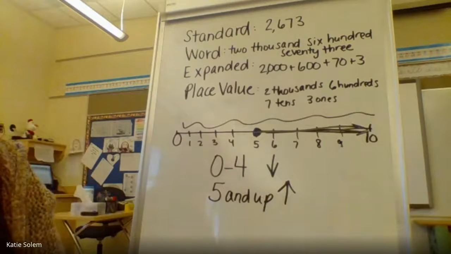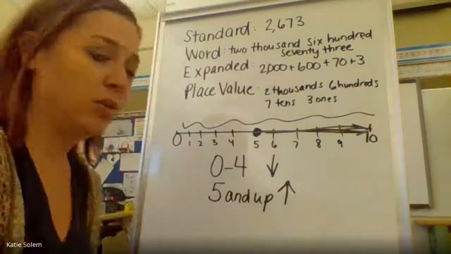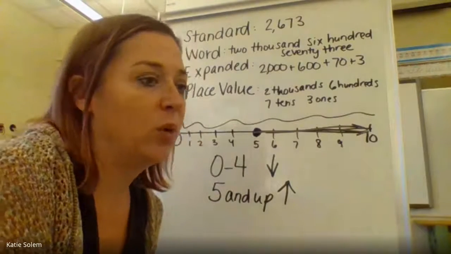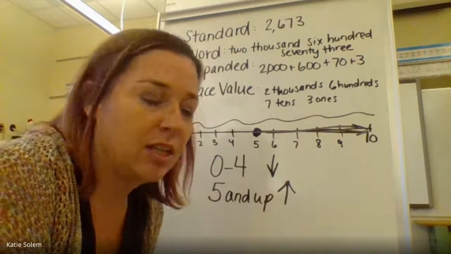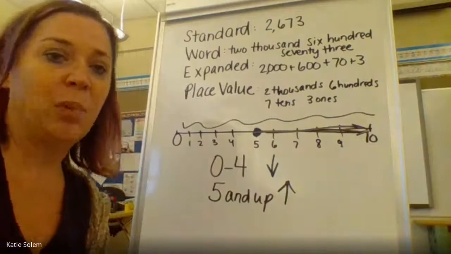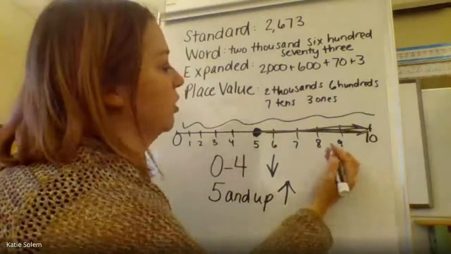The second page involves doing some rounding. Now, rounding numbers is when we try to get it to the nearest 10, 100, or 1,000. The way we do that is by looking at the digit that's closest to the end.